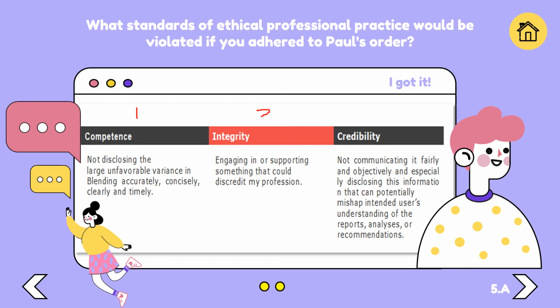Second, integrity. By choosing to follow Paul's order, he is engaging in or supporting something that could discredit his profession. And lastly, credibility. By fabricating the information, he is not communicating it fairly and objectively, and especially disclosing this information that can potentially mislead intended users' understanding of the reports, analysis, or recommendations.